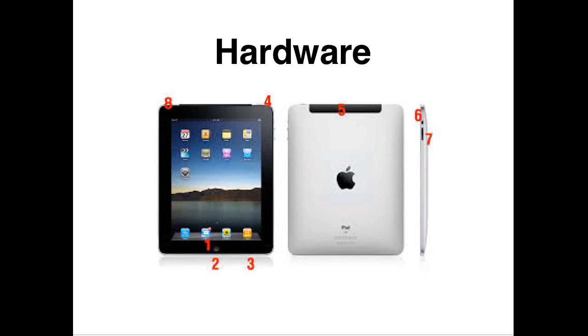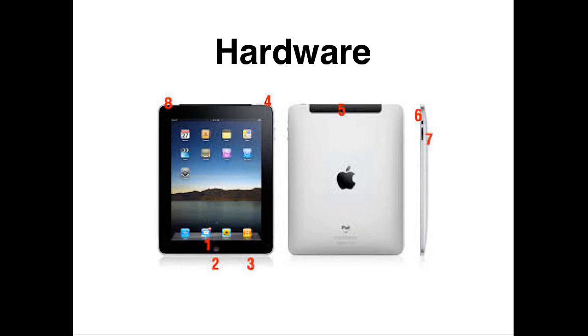Now, just a couple of other quick things. You may or may not know that you can take a screen capture of anything that is on your device and it will save it into your camera roll. And the way that you do that is by holding the home button, so number one there, the circle with the square inside, and the sleep wake button down at the same time.